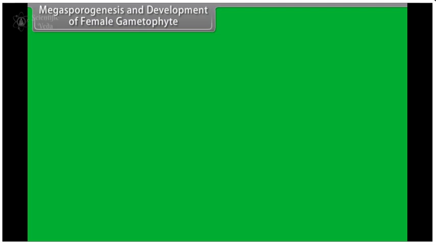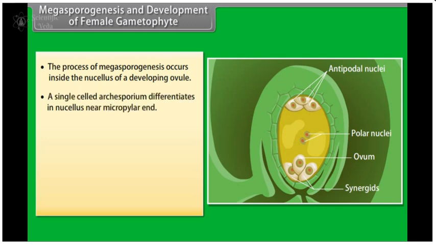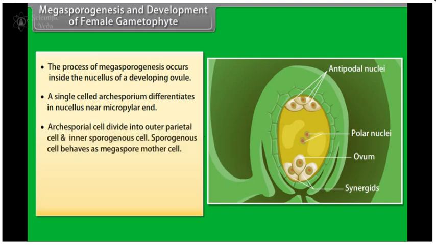Megasporogenesis and development of female gametophyte. The process of megasporogenesis occurs inside the nucellus of a developing ovule. A single-celled archesporium differentiates in the nucellus near the micropylar end. Archesporial cell divides into outer parietal cell and inner sporogenous cell. Sporogenous cell behaves as megaspore mother cell.